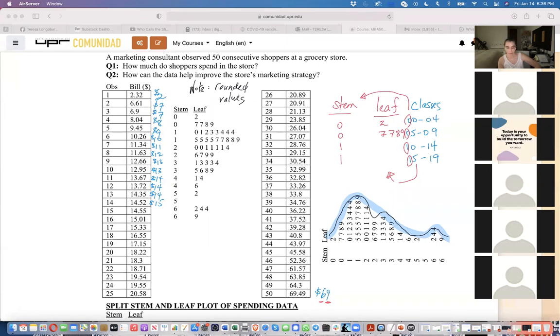So what am I doing? When I'm smoothing, what I'm saying is, if I had more data, remember, this is just a sample of 50 shoppers. If I had more data, I believe that the pattern would remain like this, the black one or the blue one. This is an idea.